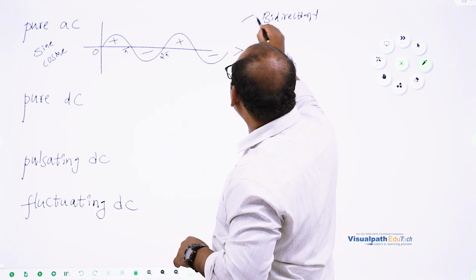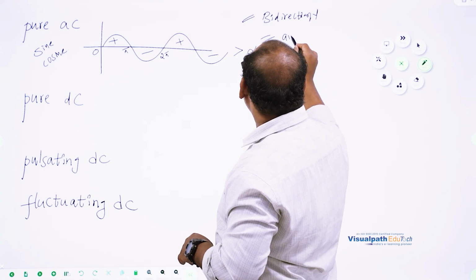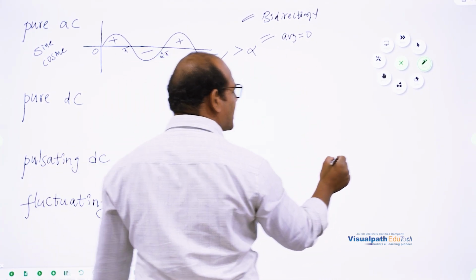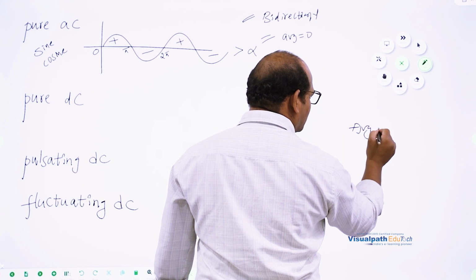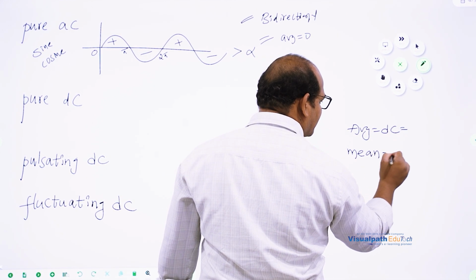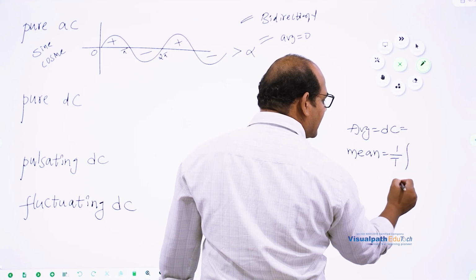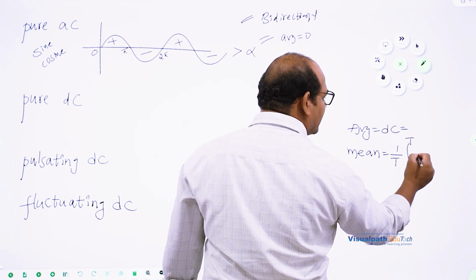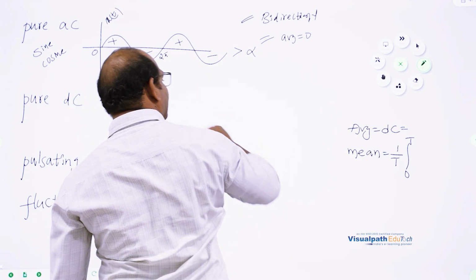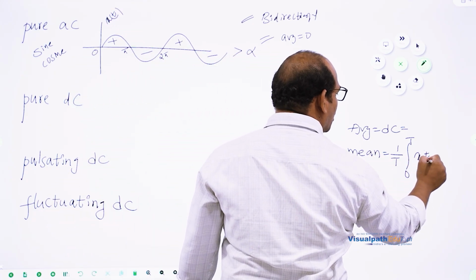Another characteristic of this is that its average value is equal to 0. You can use the formula to calculate the average value. Average value can also be called the DC value or the mean value. It is equal to 1 by T integral 0 to T of x of t dt. For example, this signal is x of t, which is to be integrated over one period.